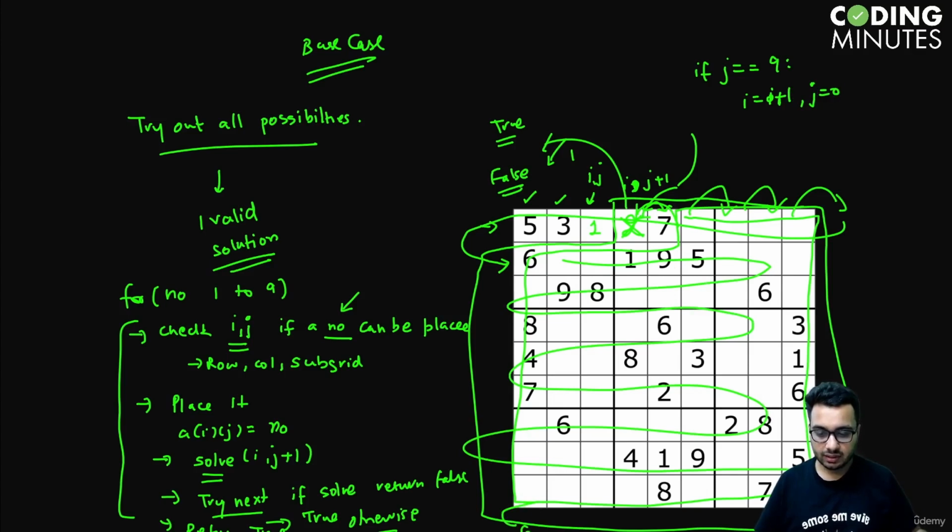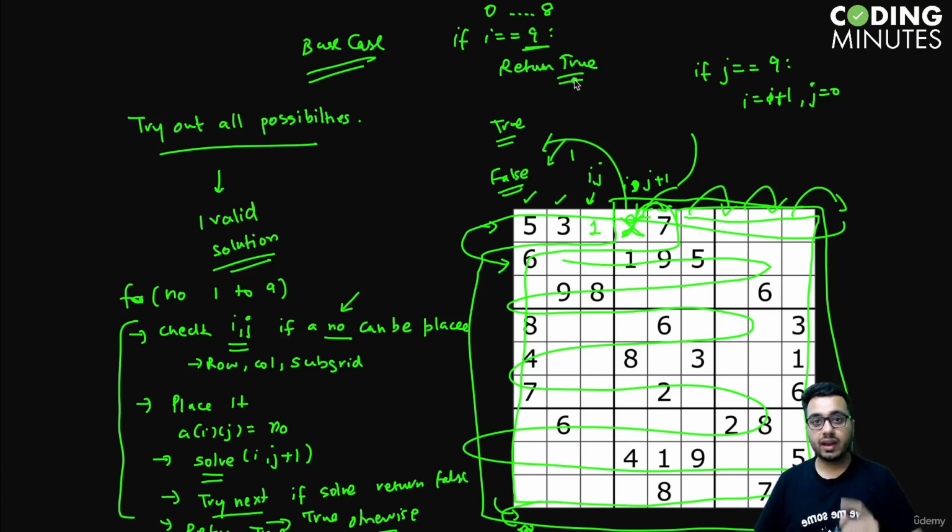Finally you will end up just after the last row, and if you reach this particular point, that means your problem has been solved. So your final case would be if i equals 9, that is you have covered all the 9 rows numbered from 0 to 8, that means you crossed the last row, then you can simply return true, that this problem can be solved.